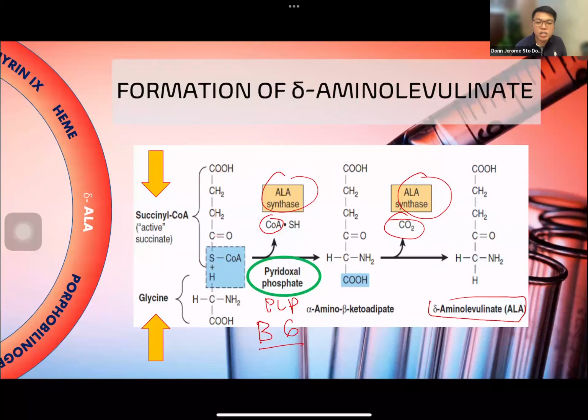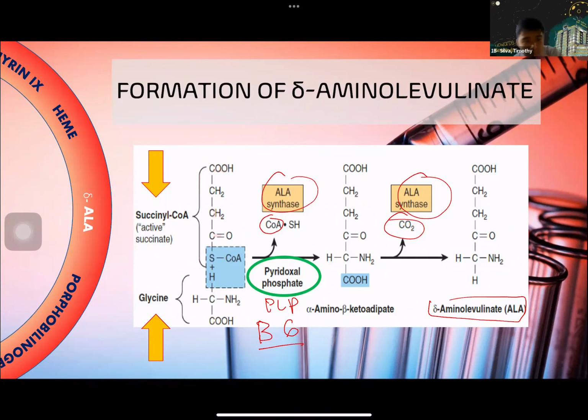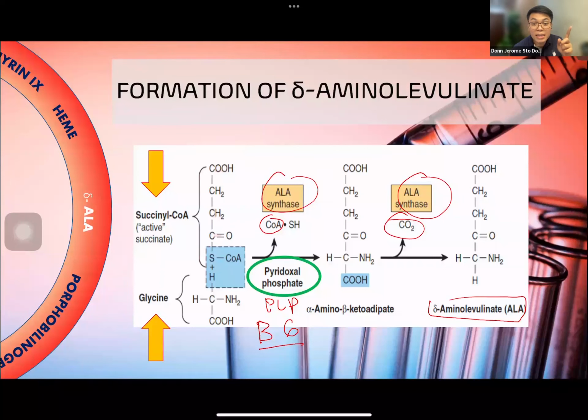All right. So patients with vitamin B6 deficiency, can they develop anemia? Yes po. Yes, Doc. Kasi as you see here, the rate-limiting enzyme of heme synthesis, heme which eventually will be incorporated to hemoglobin, requires pyridoxal phosphate. So definitely, they can develop anemia. Okay? What else?